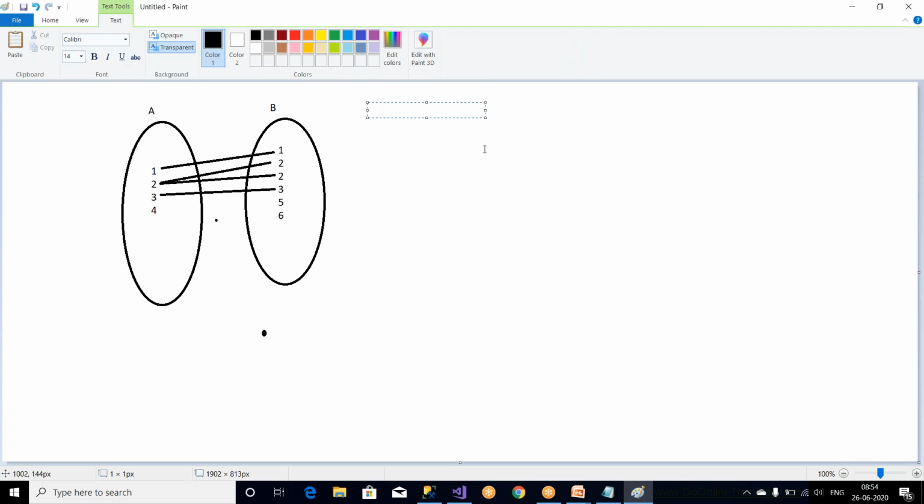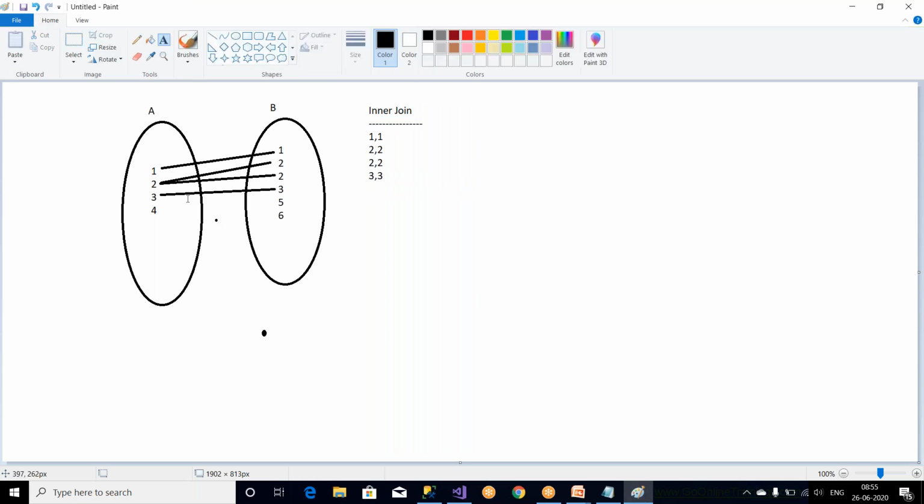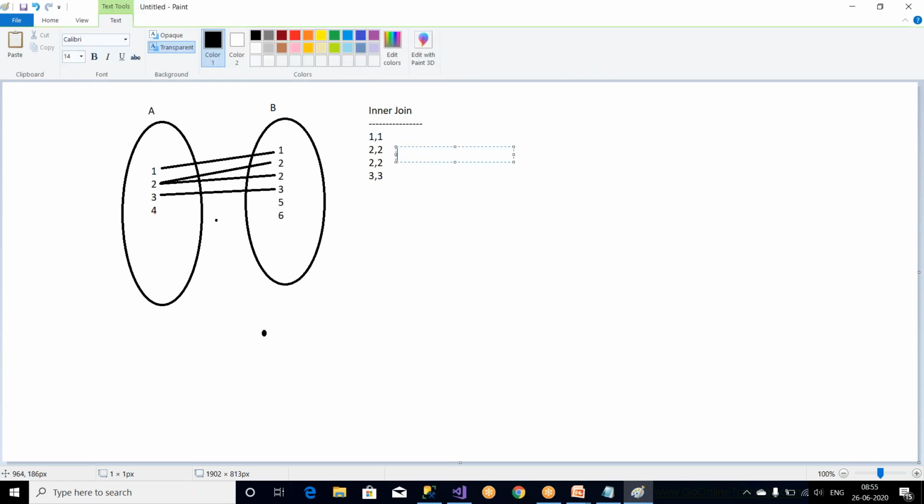If you go in for inner join, it always gets matching data: 1 comma 1, 2 comma 2, 2 comma 2, and 3 comma 3. That's it. 4, 5, 6 are not going to come. You get completely matched rows. This is called an inner join.